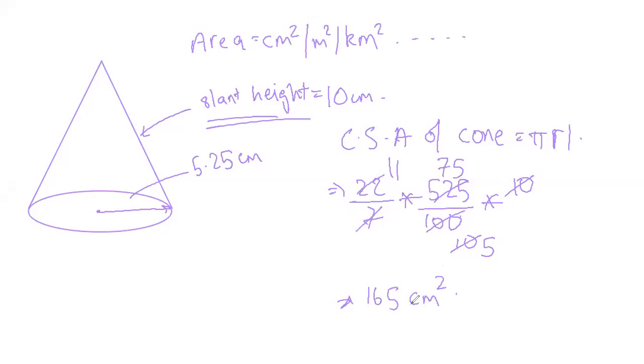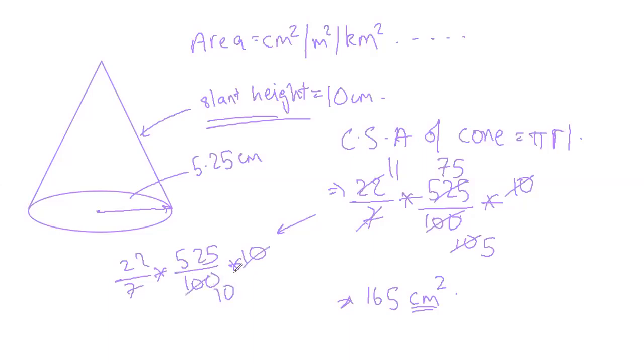In this question, centimeter square is the unit for CSA. Maths is not only about solving something and getting answers, it's also about calculating smartly. When I did this, 10 tens are 100.